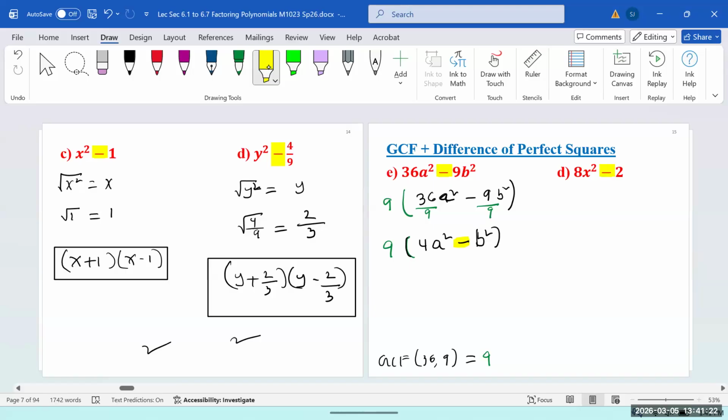That means you have to factor more. So we do the same thing again. We take the square root of 4 and the square root of a squared. What is the square root of 4? And what is the square root of a squared? A. And what is the square root of b squared? B. So if you factor this difference of perfect squares, what two factors do we get?